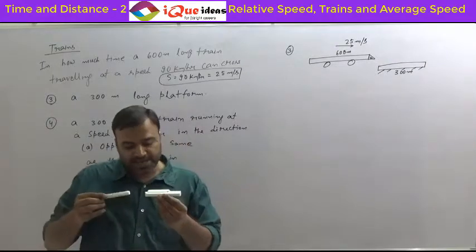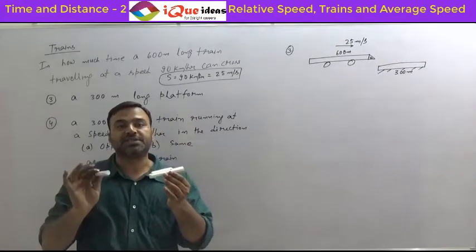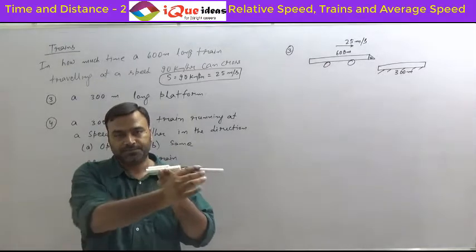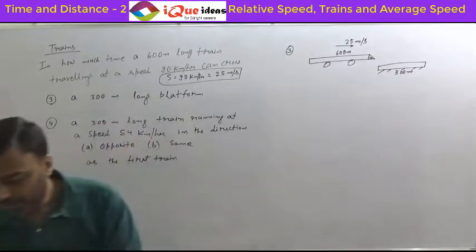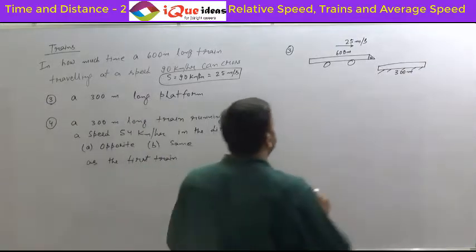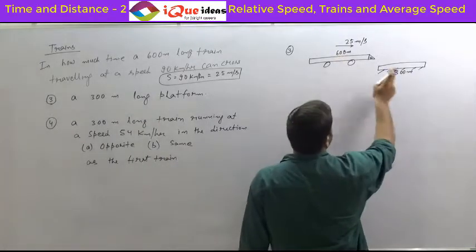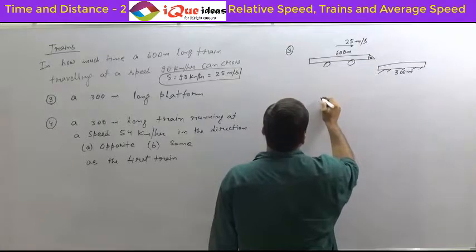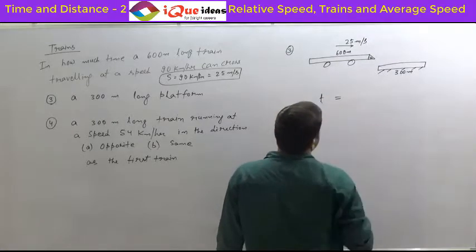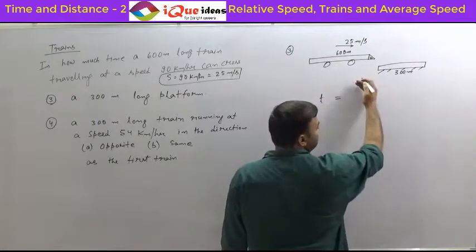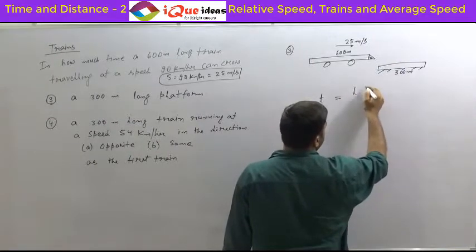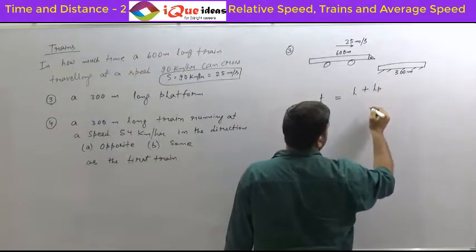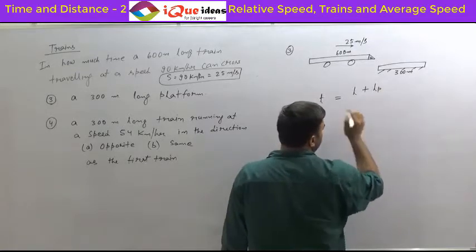In any case, the total distance traveled is the sum of the lengths of this train and this platform. So the total distance traveled in this case will be 600 plus 300. So what do we say? Time taken is equal to distance by speed. In place of distance, we will have length of the train plus length of the platform or the bridge, whatever is there.